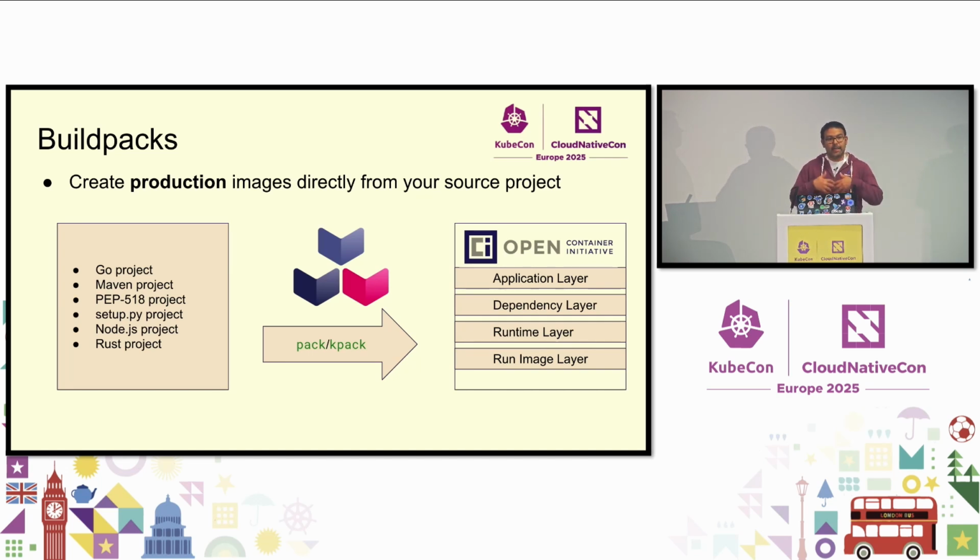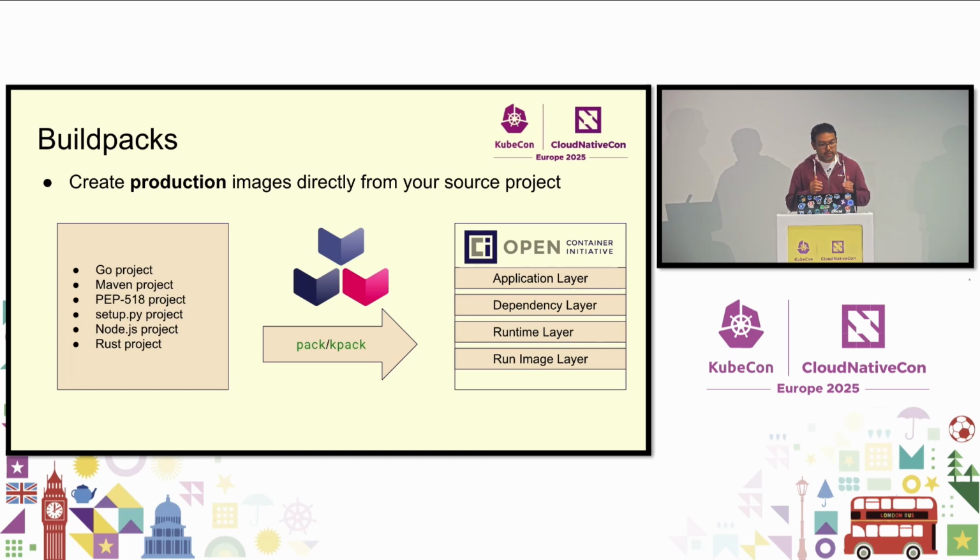We offer a reference implementation of the specification we also maintain, the Pack CLI or the Kpack CLI. We can take almost any programming language, like Go, Java, Python, Node, Rust, and produce an OCI image with a very defined and organized set of layers.